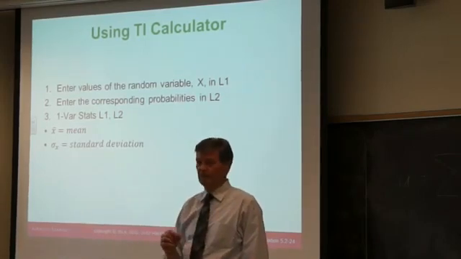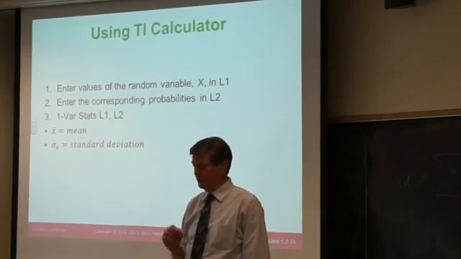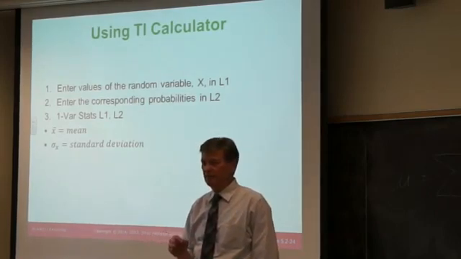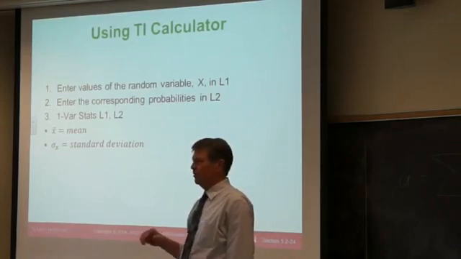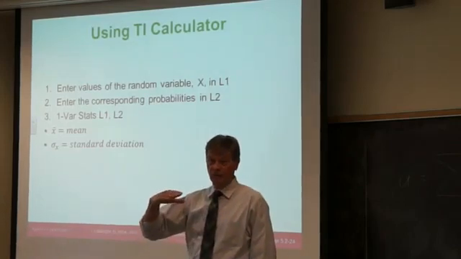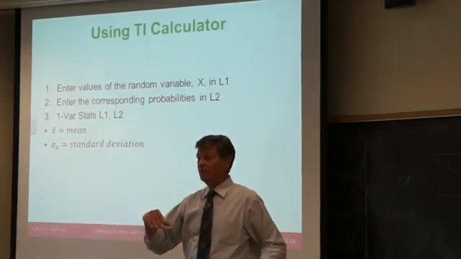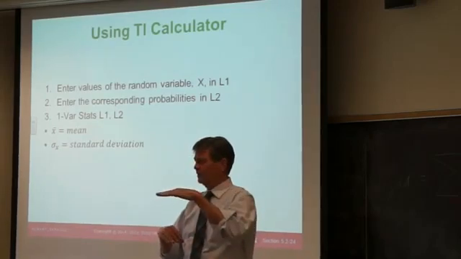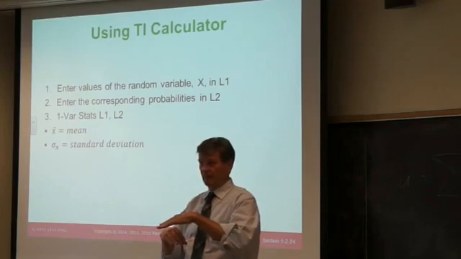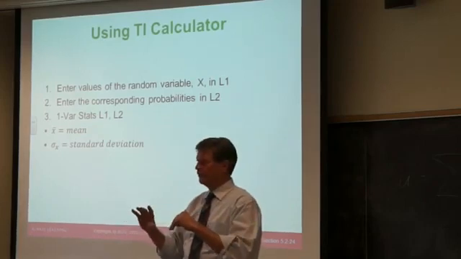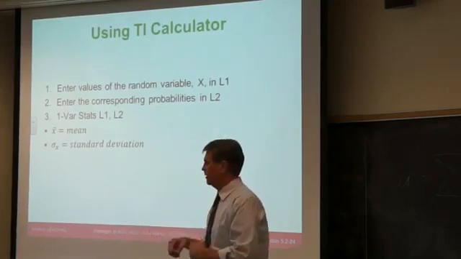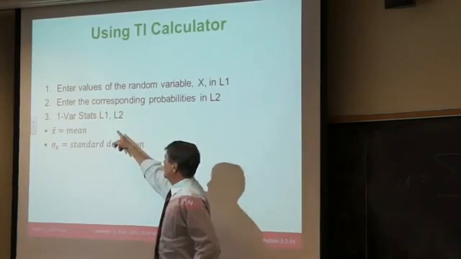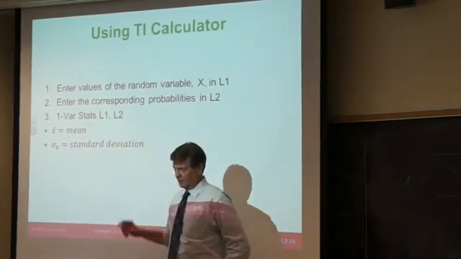Depending on your calculator, you might be at a prompt line, or it might ask you for list and then frequency list. Different TI calculator versions have different responses there. You want to put in L1 and L2 as the first and second list.